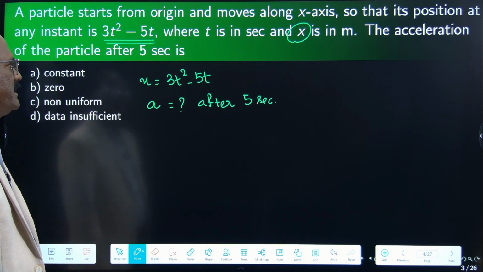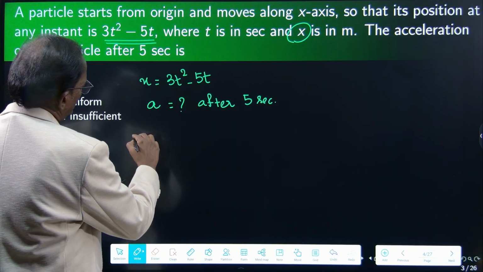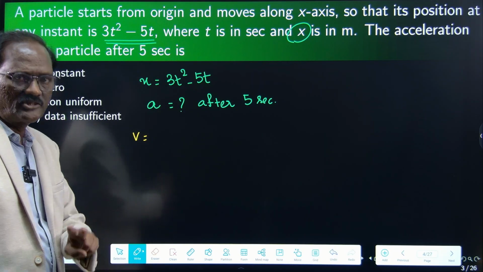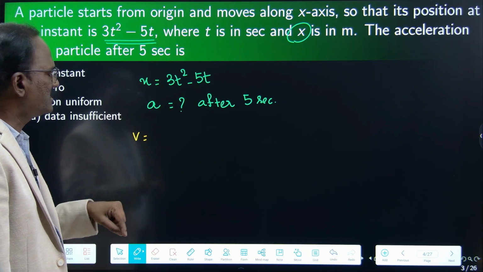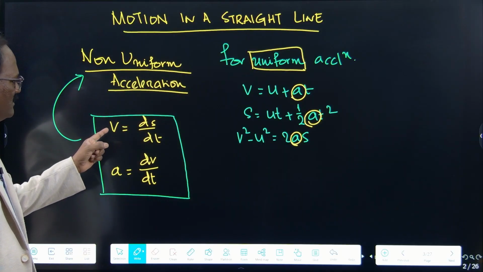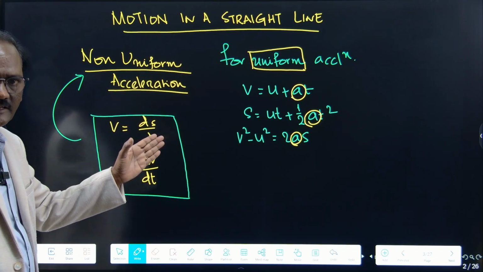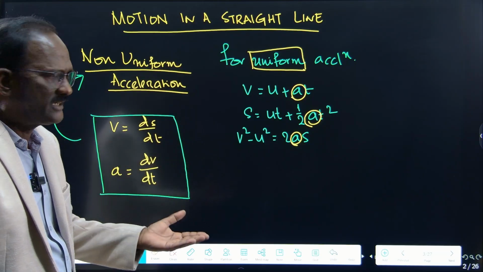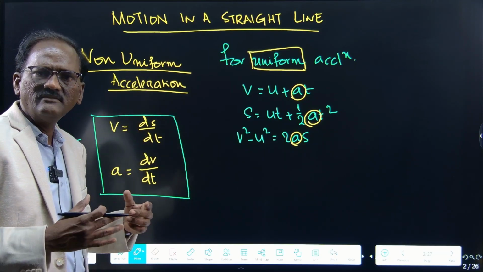x is equal to 3t square minus 5t, right? So two steps we have to do. From x, find velocity; from velocity, find acceleration. These two equations, very simple. Instead of s, we are having x, because x is given here in meter. In some problems you will have s, in some problems you will have x.